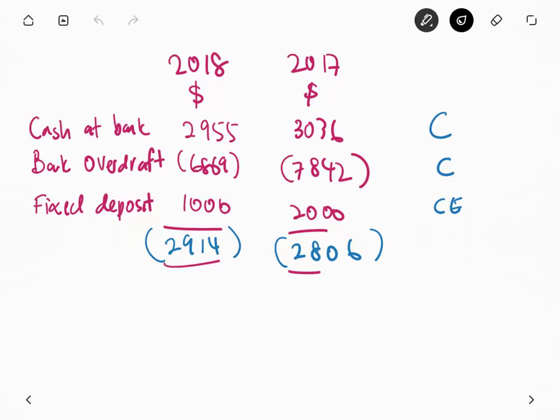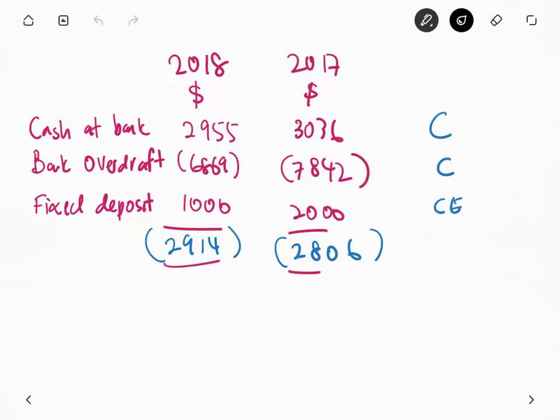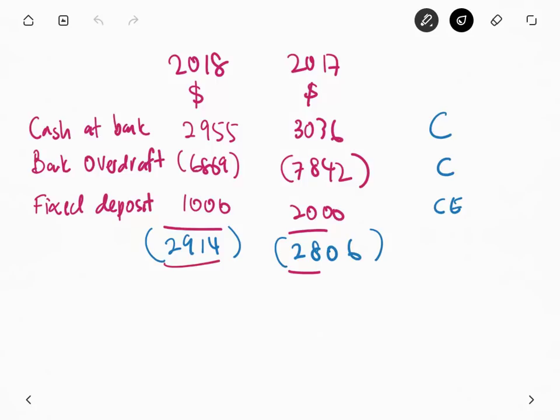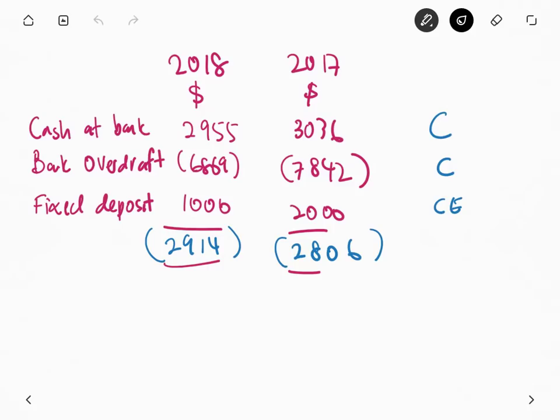So put in closing, your last year and this year amount, just transfer in the three things. You double check and see cash at bank, opening and closing. Bank overdraft, because it's a liability, you put a bracket. And fixed deposit. So this is my opening cash and cash equivalent, 2.8.